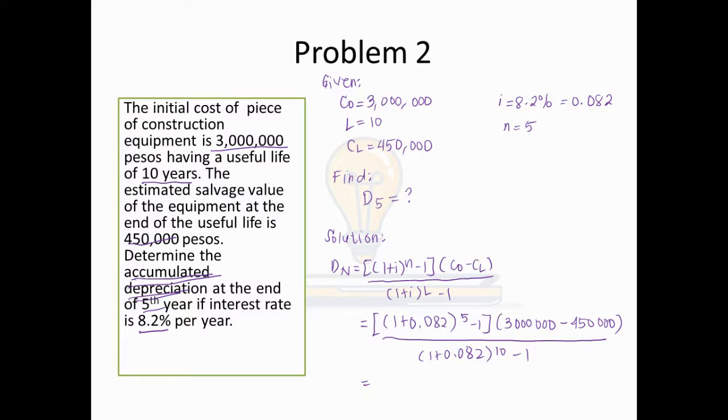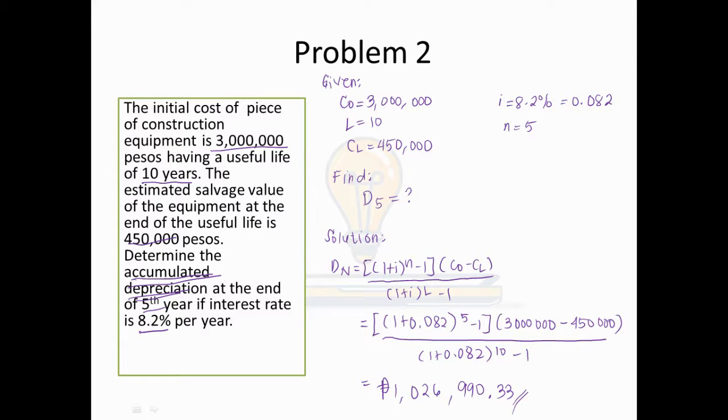So using our calculator, the final answer should be 1,026,990 pesos and 33 centavos.